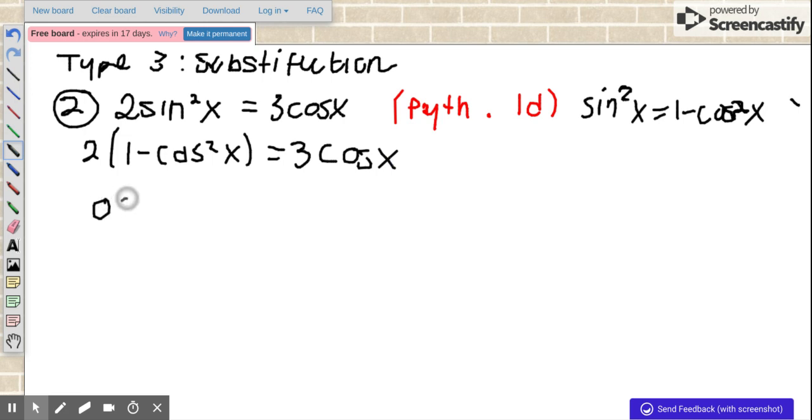So if I do that, I get 0 equals 2 cos squared of x, because the 2 gets distributed here, plus 3 cos x. And then finally, the 2 here is going to go on the side as well, so that's going to be minus 2.